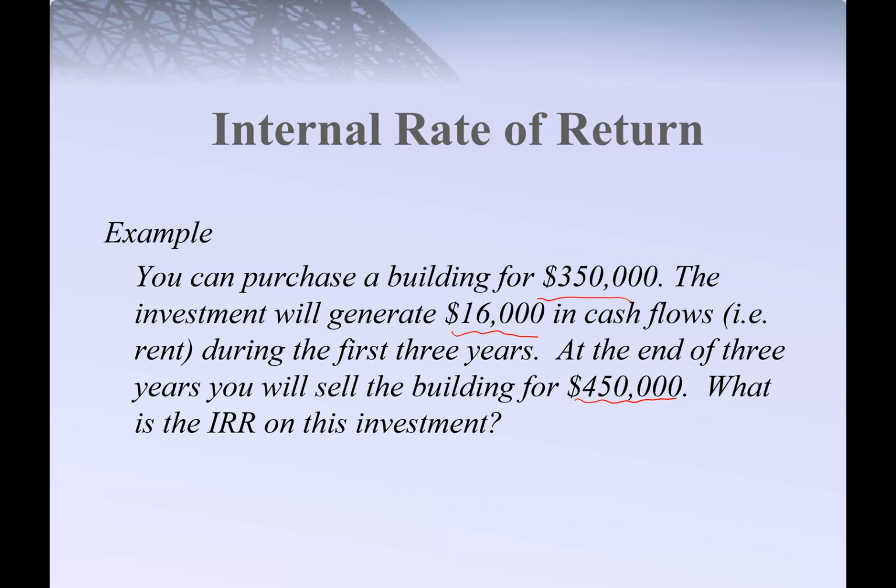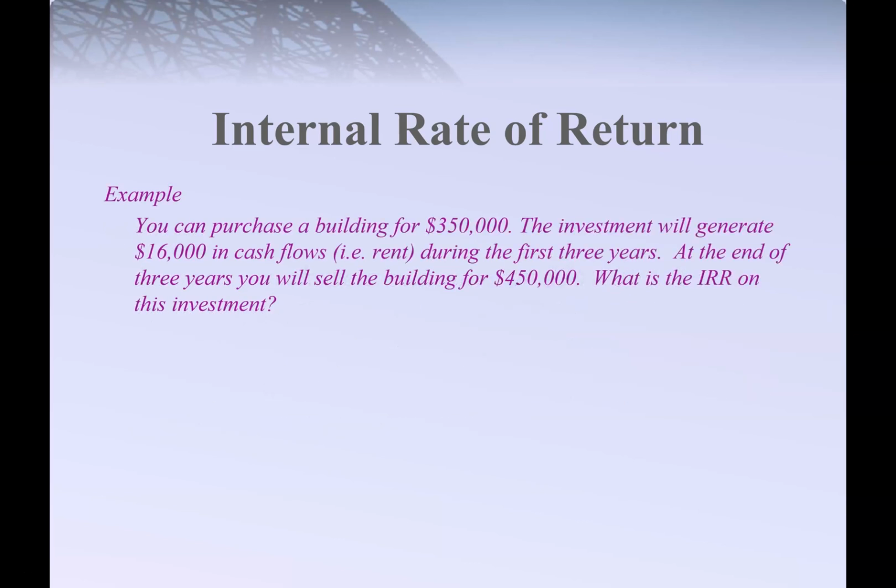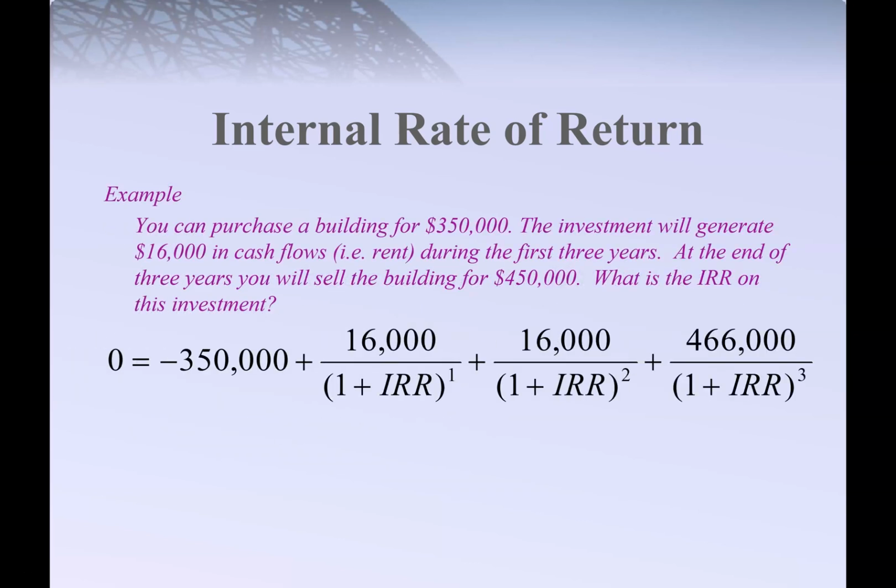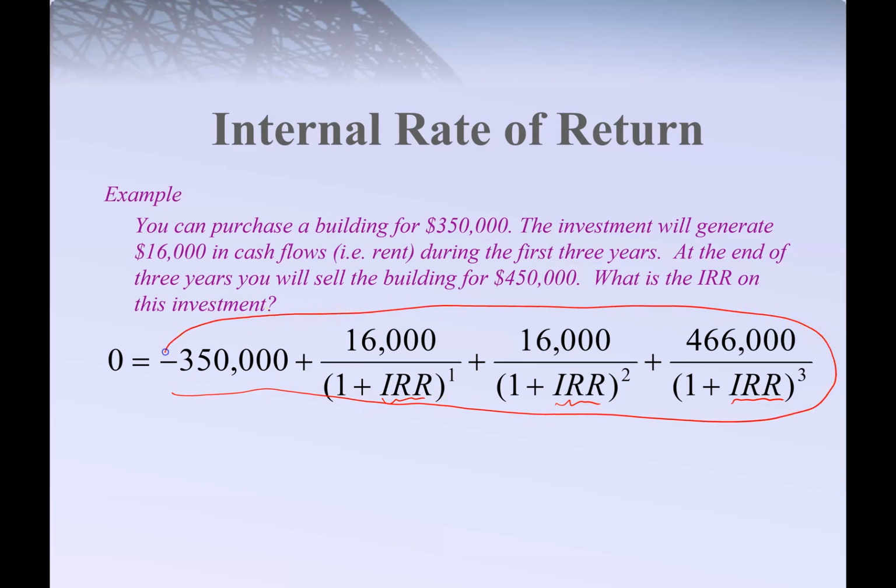Okay, so we can answer this question by solving this problem, right? As I told you before, the internal rate of return, right here, is the discount rate that makes the net present value equal to 0. So you can see that this entire equation is basically the NPV equation, right?